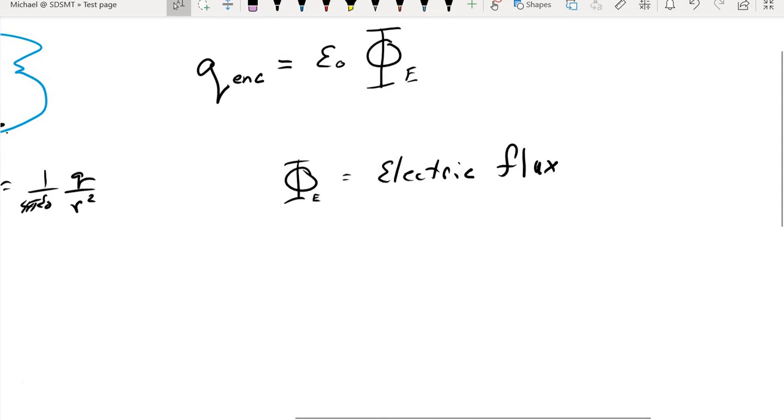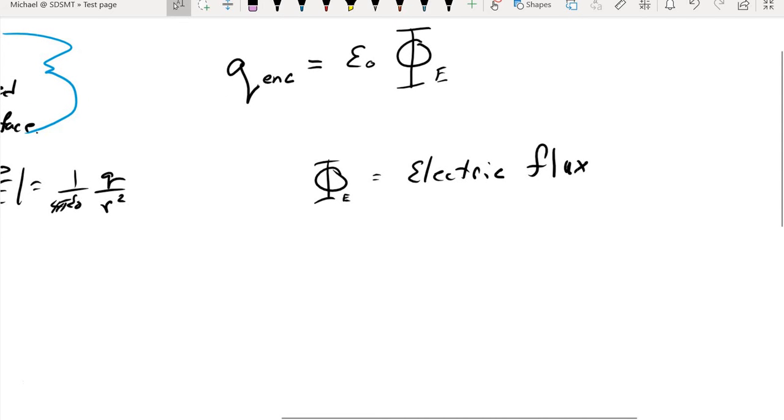Electric flux. And what electric flux is, it takes the electric field and pairs it together with the cross-sectional area that field passes through.